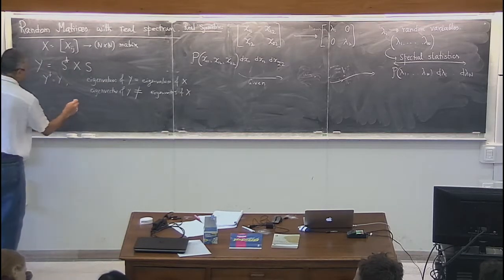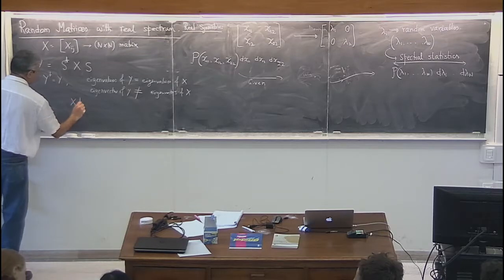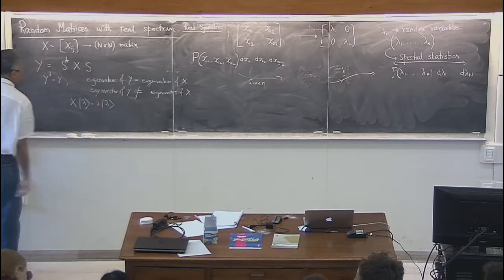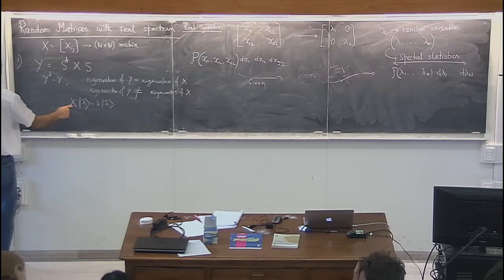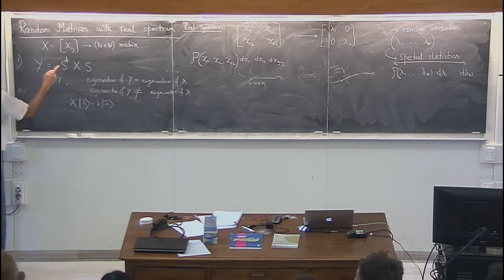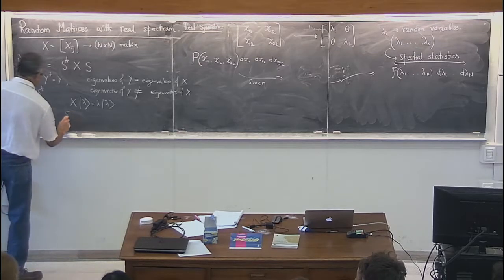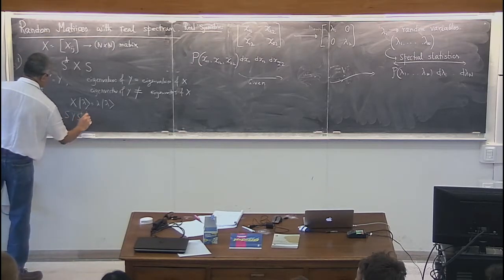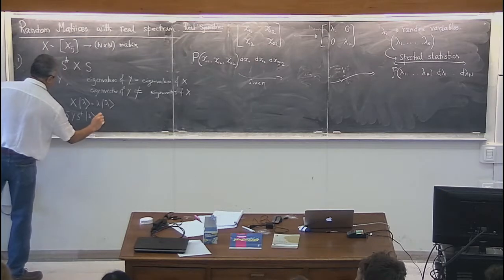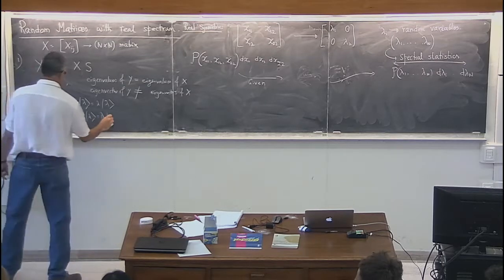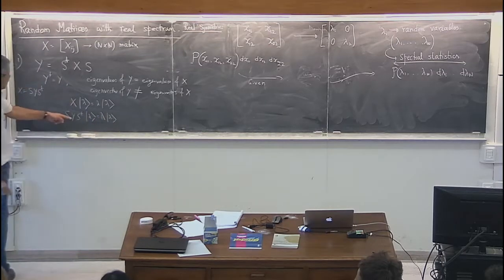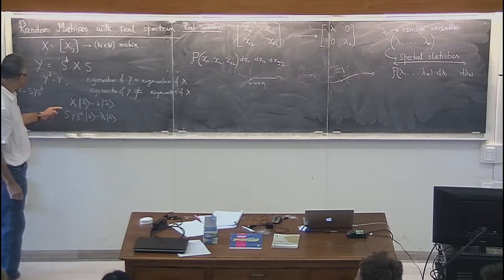And the proof is very simple, because if you take this matrix X and you take a particular eigenvector, then X is just S Y S transpose. So you write S Y S transpose operating on the eigenvector gives you lambda times the eigenvector.